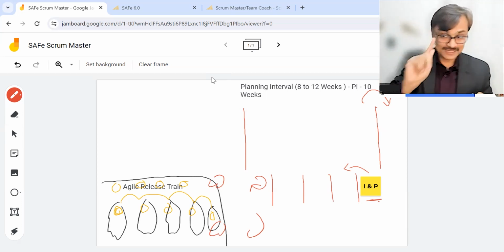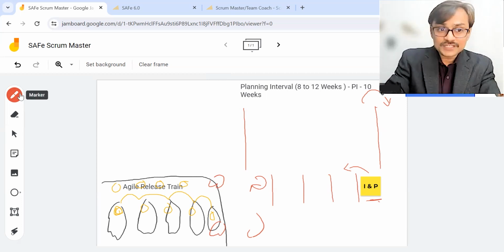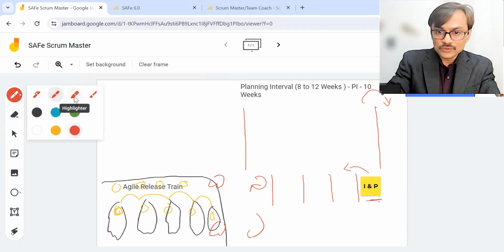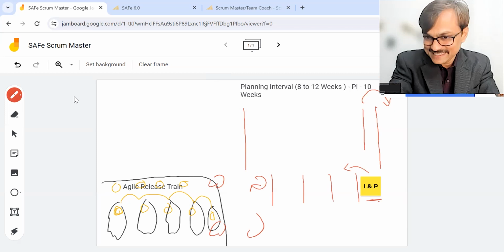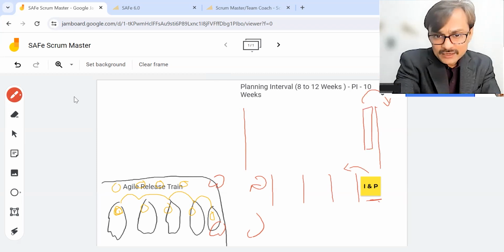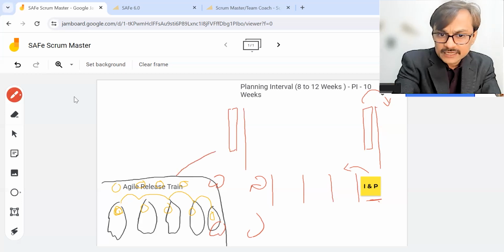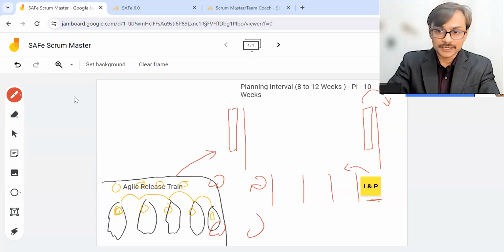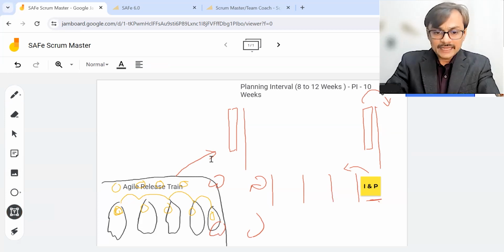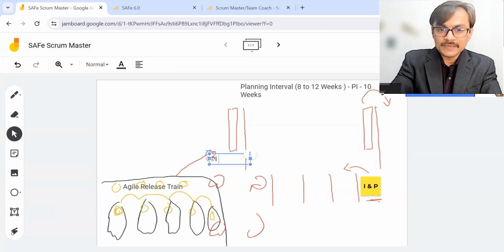Now there is a trick. Inside the innovation and planning iteration, we do the PI planning meeting, and this is for the next PI. And what is the PI planning meeting? It is where the whole train comes together, which means all 125 people come together and they plan for the upcoming PI.